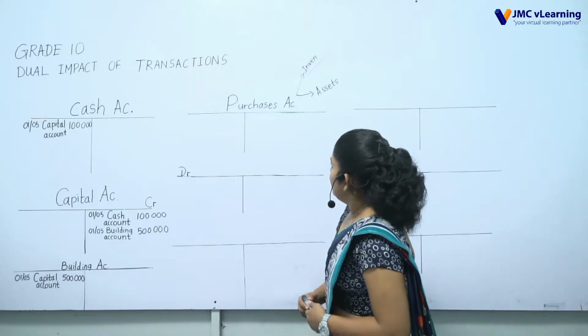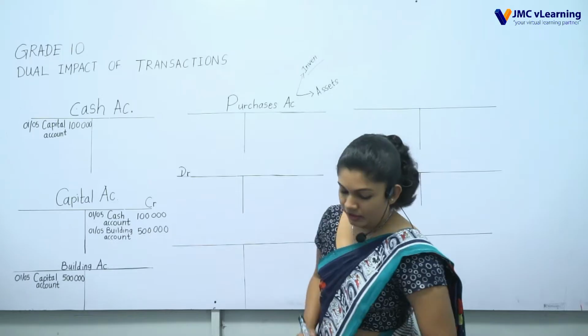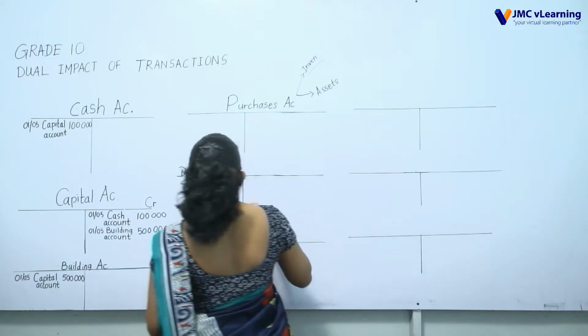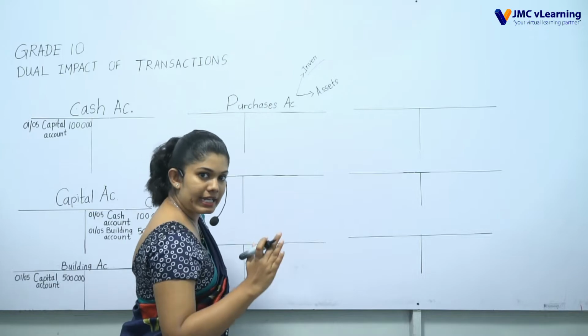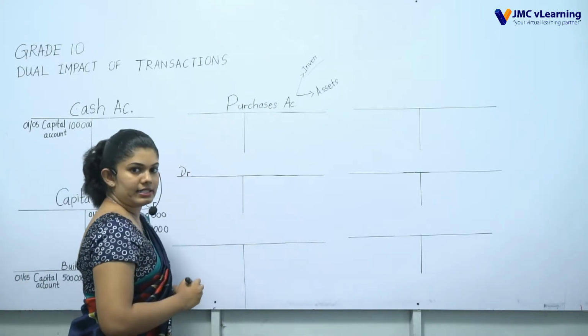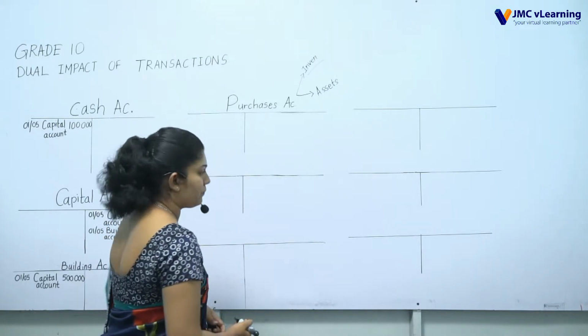Okay. Now the purchases account we have opened, and the value is 20,000 rupees. Purchases is an expense. Therefore, you have to record it in this side. Date 2nd of May.